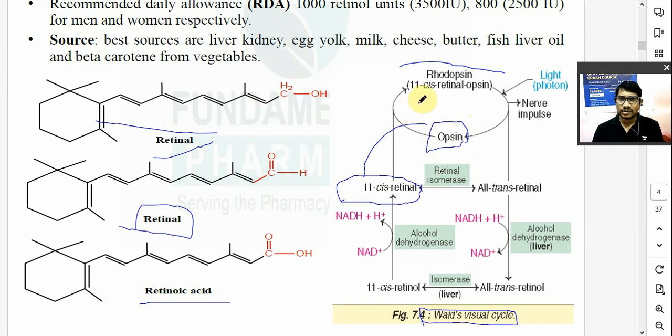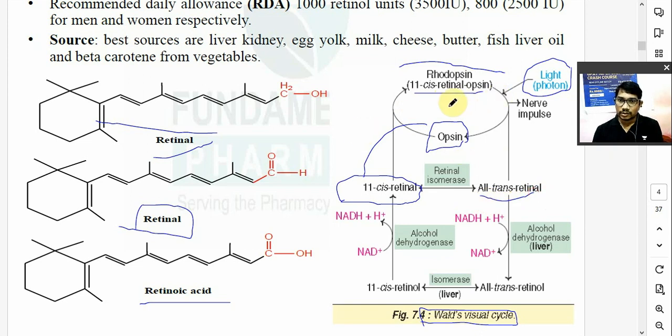After receiving the photon from light, it is isomerized and converted into 11 trans retinal, and there is a dissociation of rhodopsin. Rhodopsin का dissociation होता है light मिलने के बाद, and that takes a signal, and the receptors of this belong to the GPCR family.